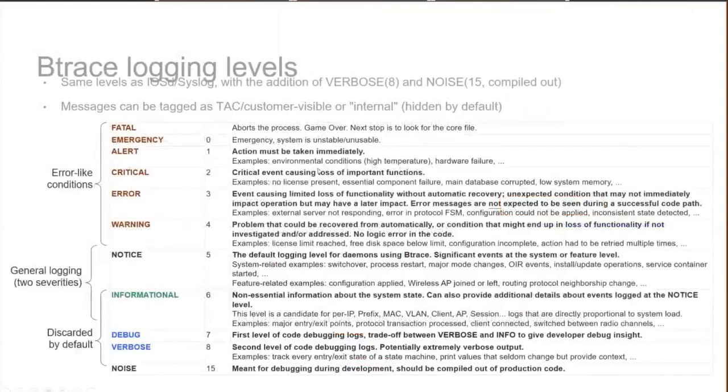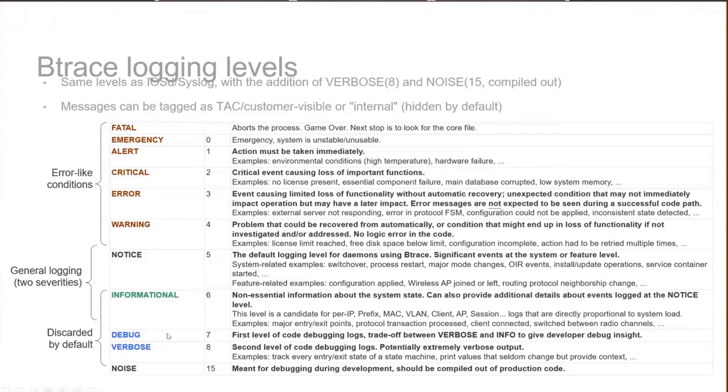btrace logging levels are the same as the classic iOS logging levels: fatal, emergency, alert, critical, error, warning. By default, it will be in notice. We can also increase it to information, debug, or verbose level.